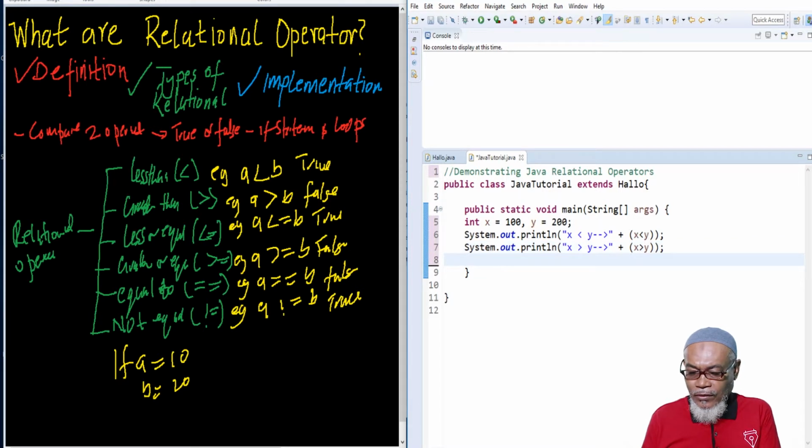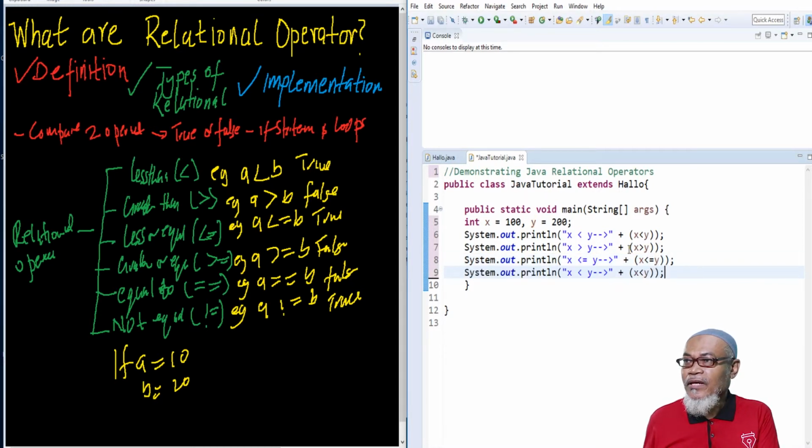Moving on to the next part, we ask ourselves, if x is less than or equal to y, what will happen? Next, what about if it is greater than or equal to? Here we have greater than or equal to.